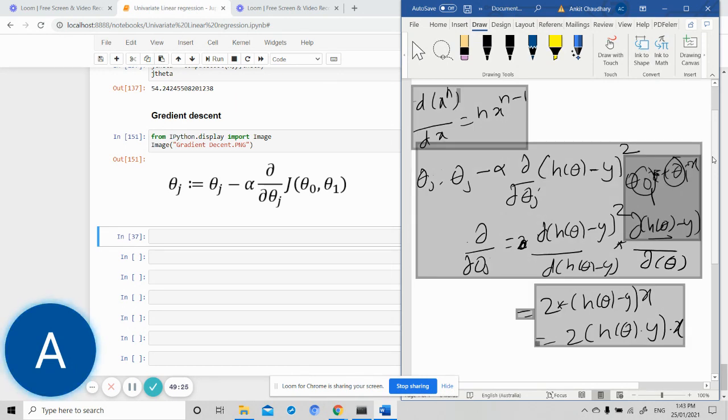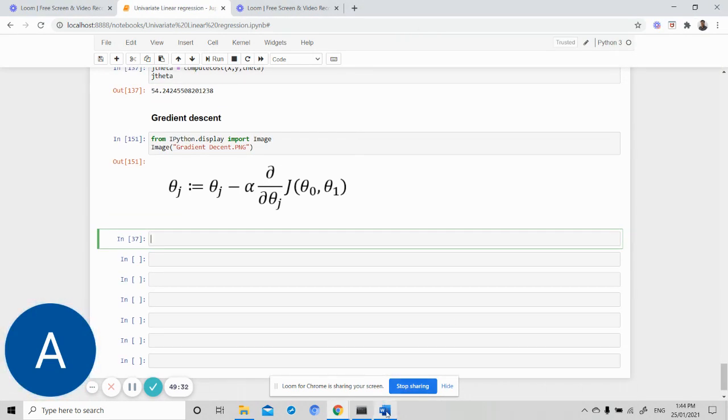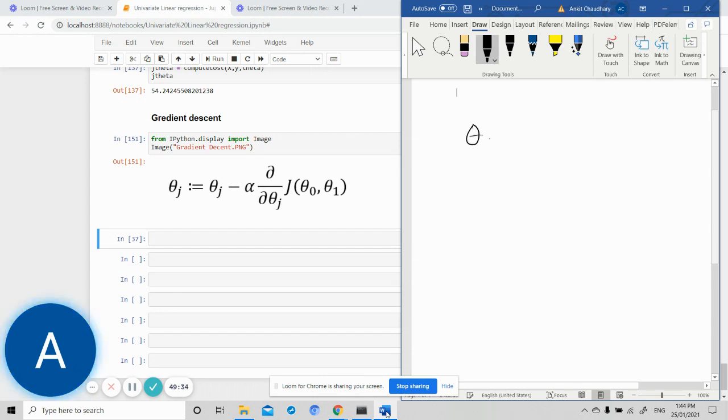So our gradient descent becomes theta j equals theta j minus alpha times h of theta minus y times x of j.